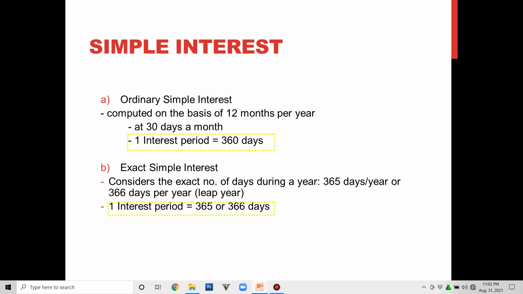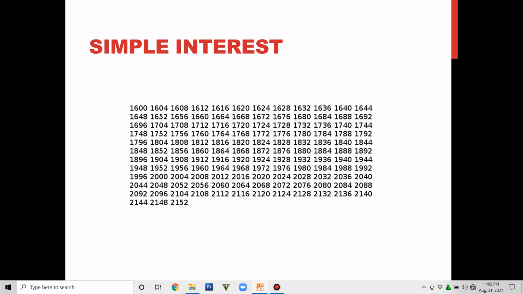So that is the interest period for exact and ordinary simple interest.